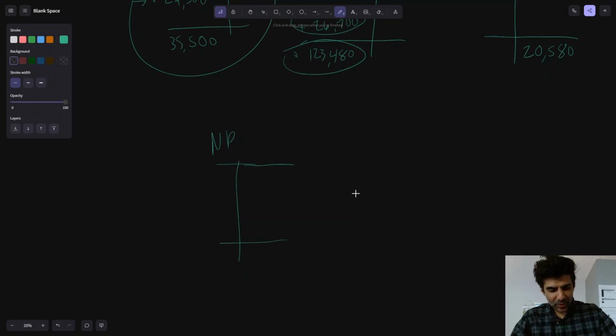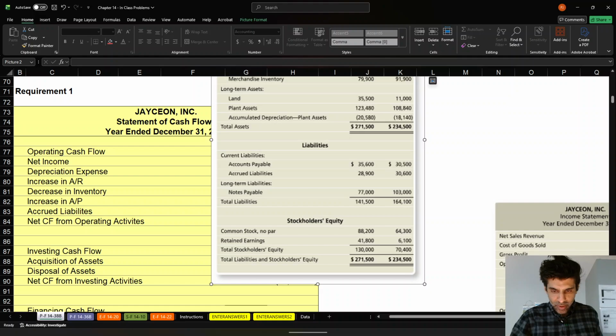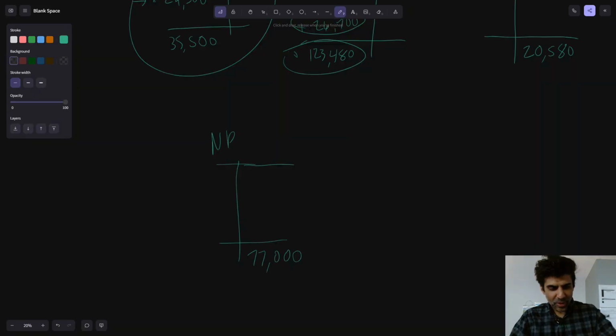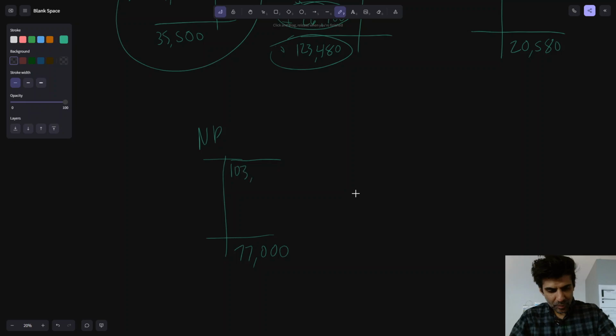The ending balance, I think, was 77,000, and the starting balance was 103,000. And we know that there is an increase in notes payable of 24,500 from that purchase of land. Now we have to basically solve for this missing debit, which is the payment of notes payable.